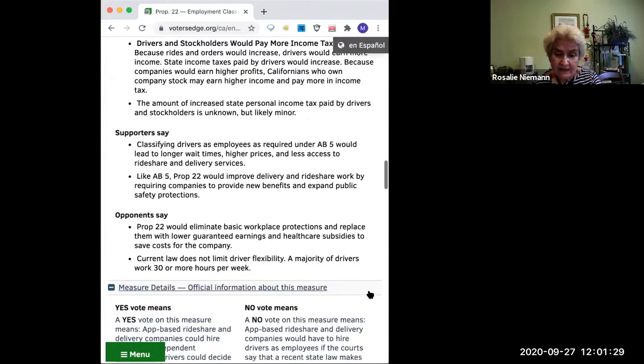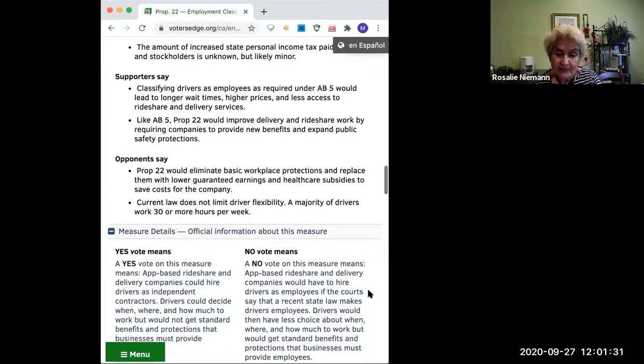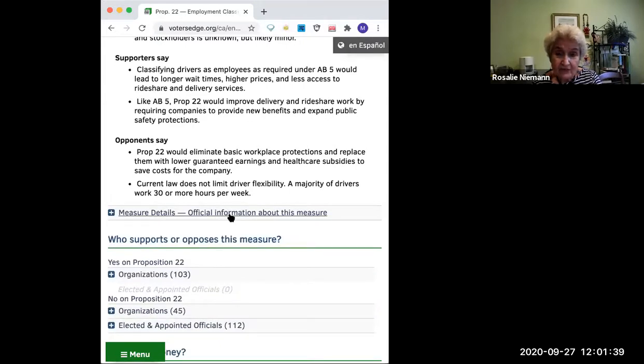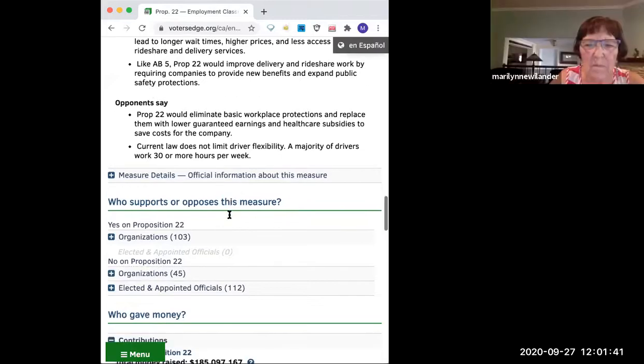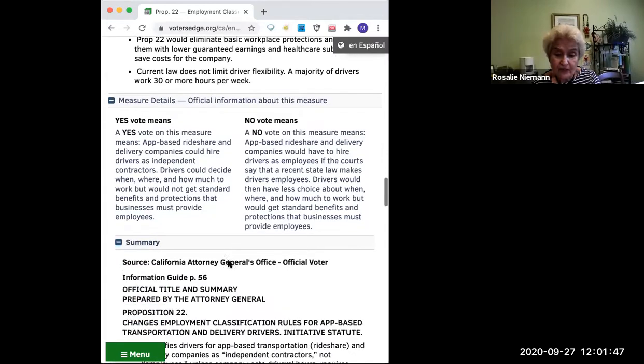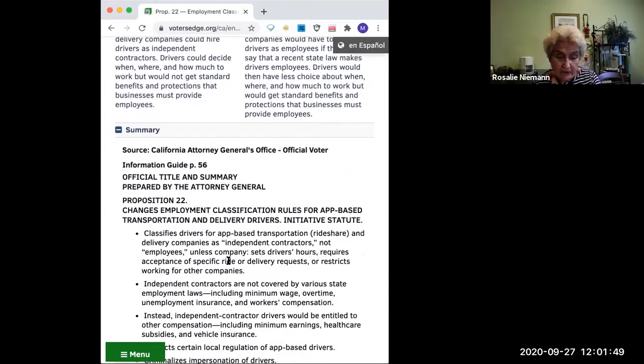Opponents say that it would eliminate basic workplace protections and replace them with lower guaranteed earnings and healthcare subsidies to save costs for the company. Current law does not limit driver flexibility. According to the opponents, a majority of drivers work 30 or more hours a week.